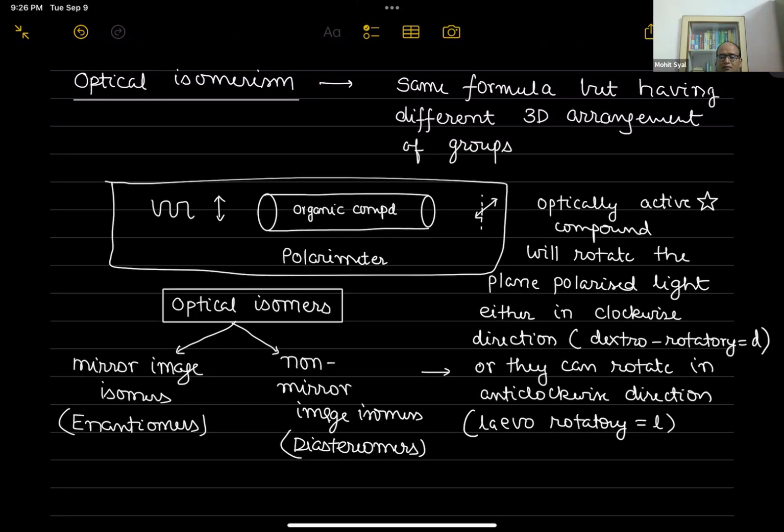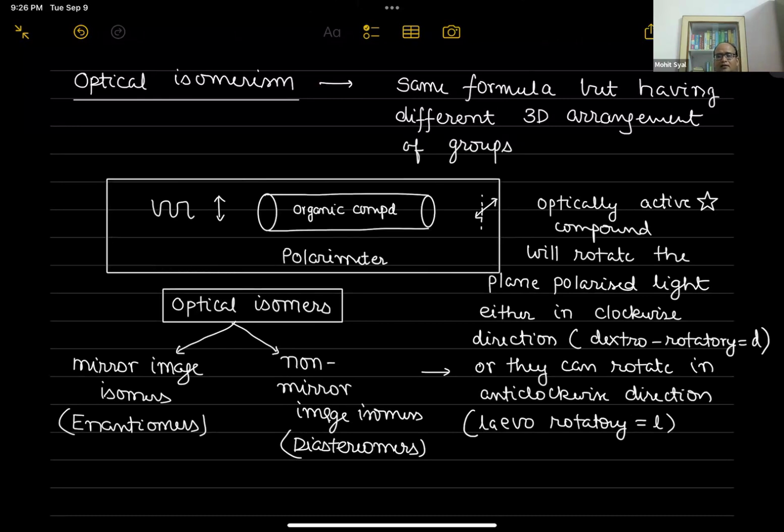Aisha, Marwa, tell me quickly. Jasleen, is it clear? Very, very important. Okay. So how are we going to check whether a compound is optically active or inactive? This is the plane polarized light. The setup, that whole equipment, is there.